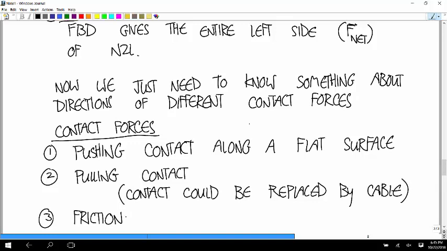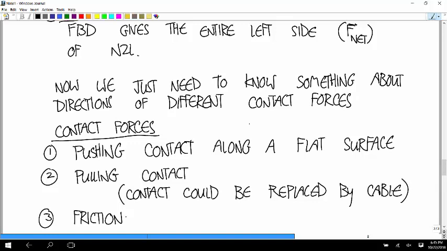The difference between pushing and pulling, I think you can really answer the question of which one you have just by thinking of replacing the contact with a string. What about the contact between my hand and the table right now? If I put a little string in there, could I make that string apply the same force?